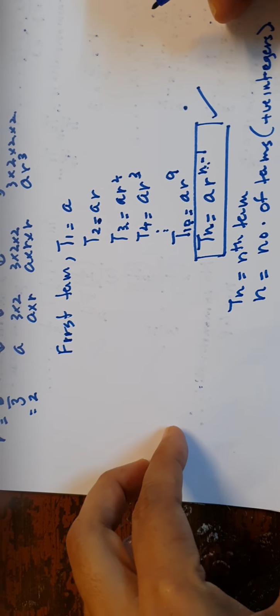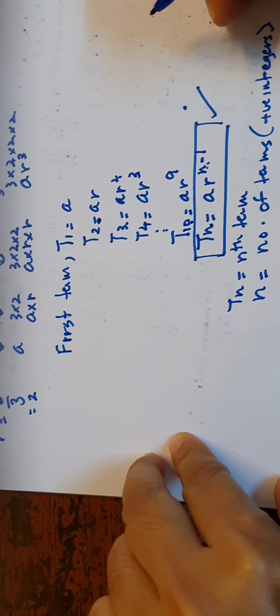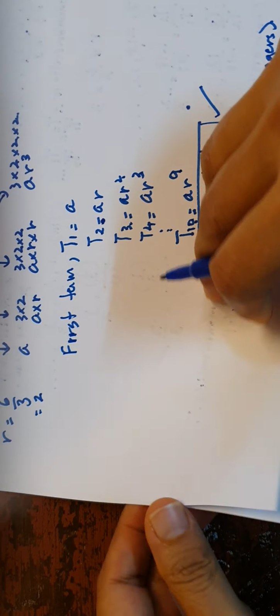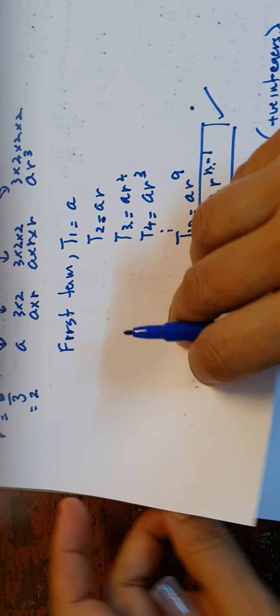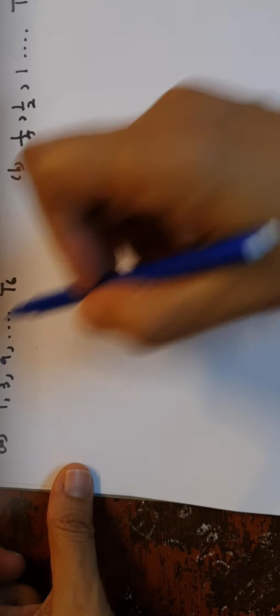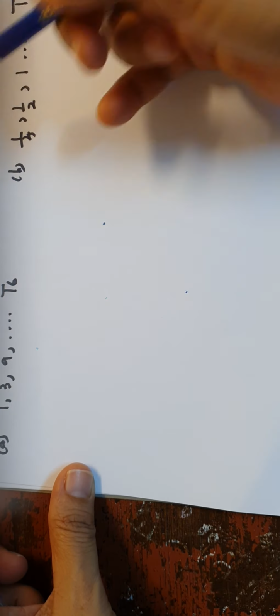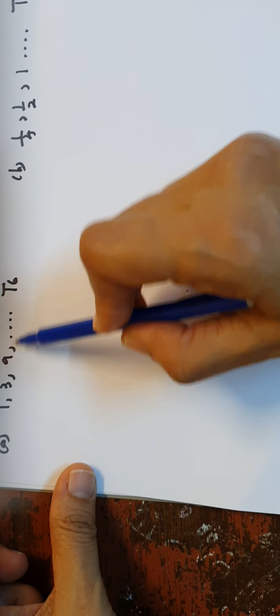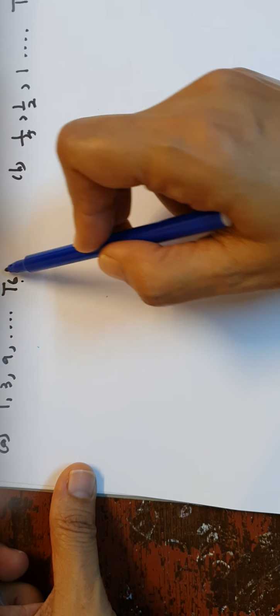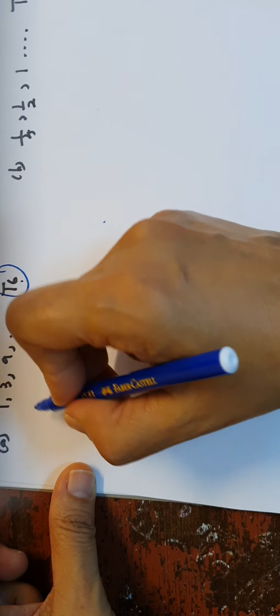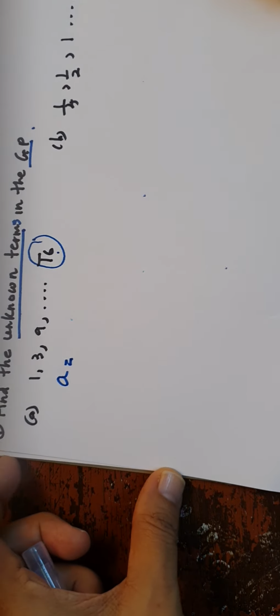Okay, let's see whether we can apply our first formula. What are the things that I can do with my first formula? I can find the unknown terms in the following GP. Look at this one, 1, 3, 9, and then I have a T6. I want to find T6. Identify my A first.